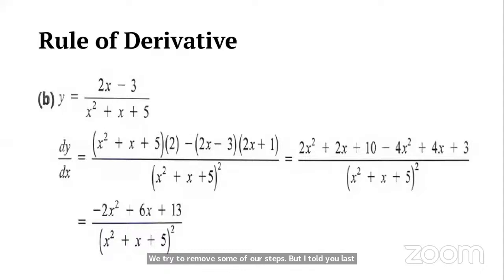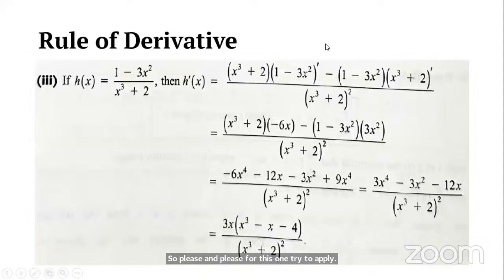Even in a textbook, they will not show you all the steps, but we expect you to show us all the steps because it's like you are teaching us how to solve the problem. And if you are jumping steps, how are we going to know what you are doing? So please, please, for this one, try to apply the rules like the first stage here.